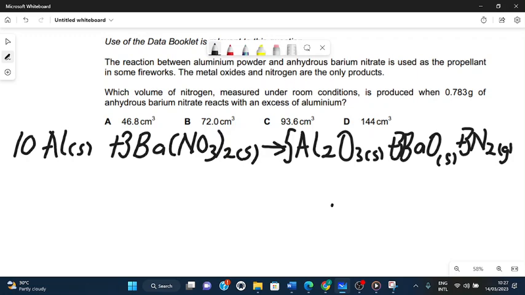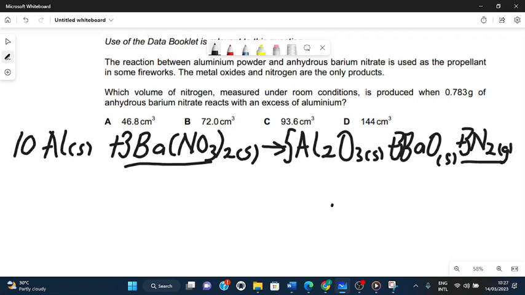So we're going to focus on what we are given. We are dealing with barium nitrate and nitrogen. Using our mole to volume method, we are going to calculate the mass of 3 moles of barium nitrate.